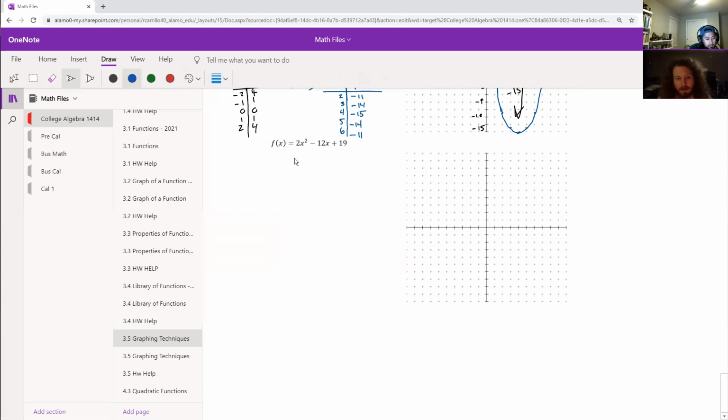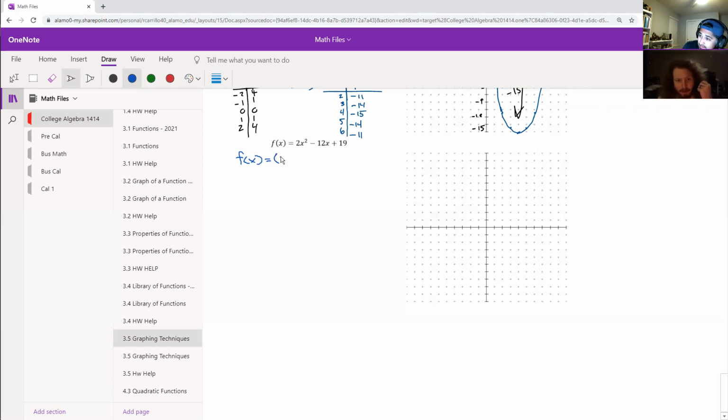All right. So I'm going to rewrite this as, now check this out. Remember that Professor Carrillo said that we want this leading term to be 1. But I don't want to divide 2 off this 19 because that's lame.